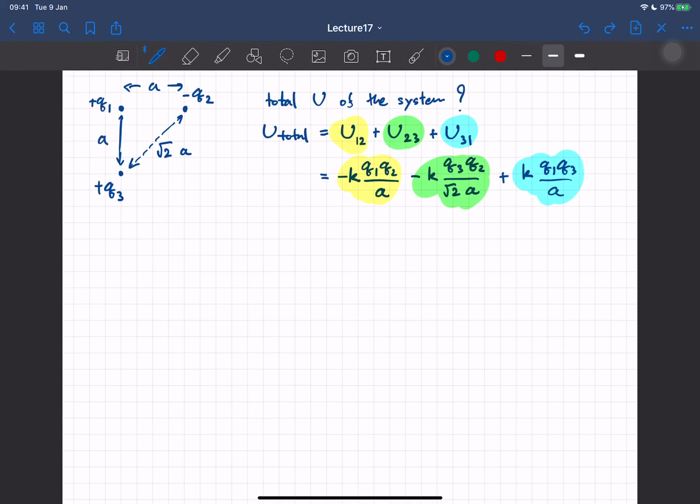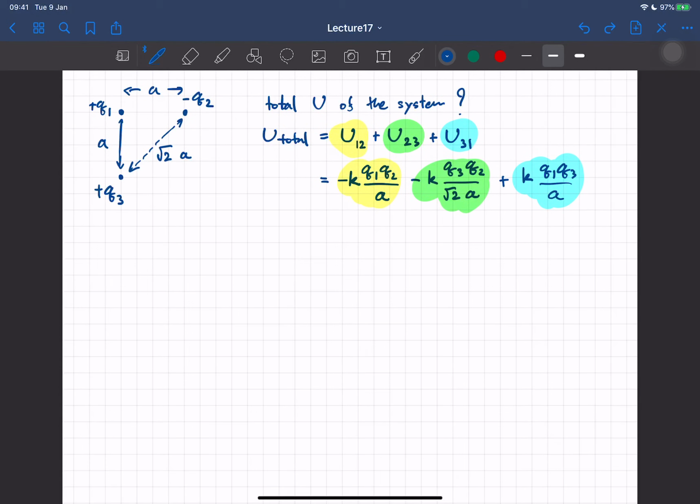And this will be another source of confusion for you. So the next thing we're going to talk about is called electric potential. Okay, did I just say the same thing? No, because U is potential energy.